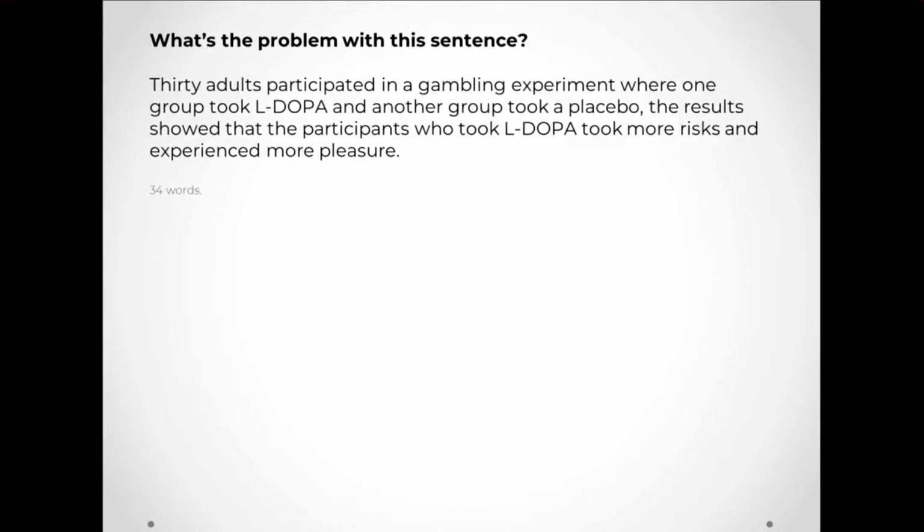The way that I put all the keywords into a sentence is like this. 30 adults participated in a gambling experiment where one group took L-DOPA and another group took a placebo. The results showed that the participant who took L-DOPA took more risk and experienced more pleasure. You can see that in the last line, I mentioned pleasure.